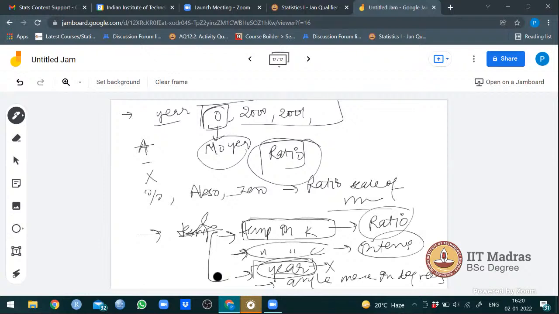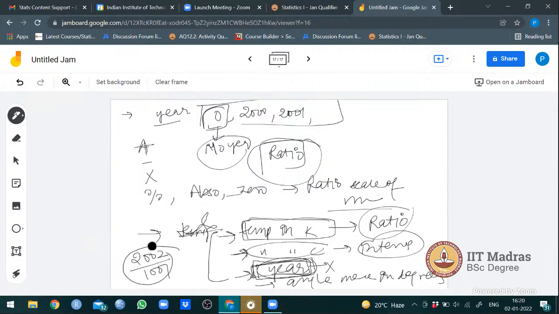If it would be number of years, then it would have been ratio, but simply here we cannot perform division and multiplication operations. Yes, you are right, I was missing that word. You can't say 2002 divided by 1001.